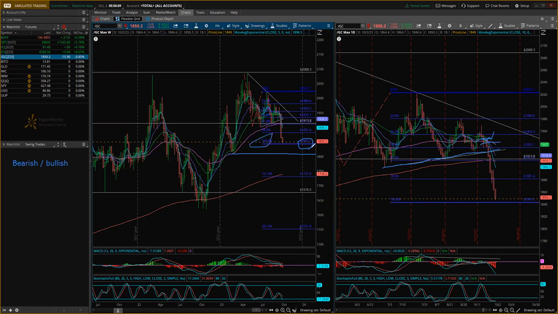It's at 100, but it might come down to 1820. But eventually, I think there will be a strong support at 1800.